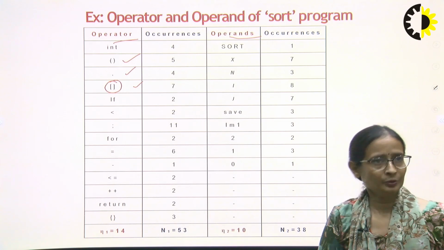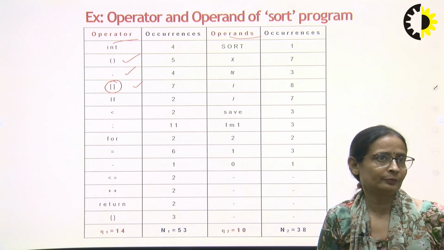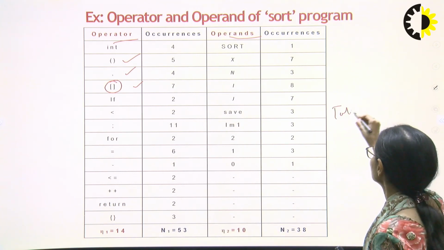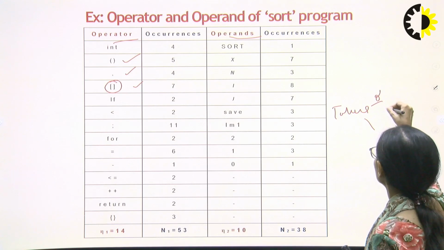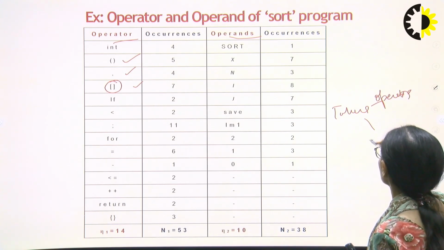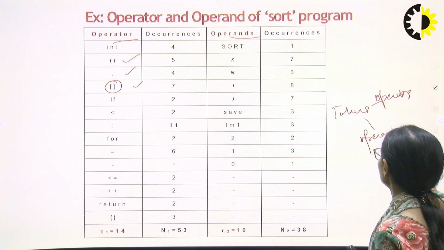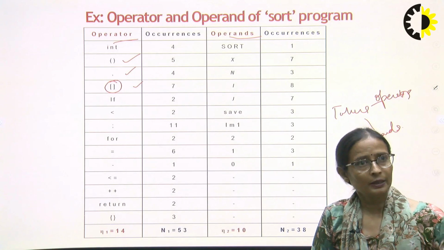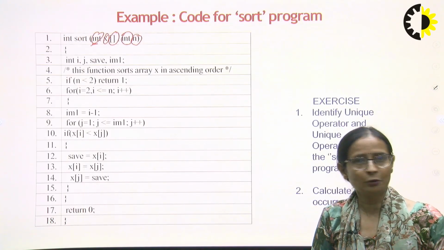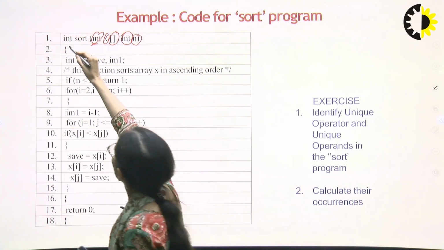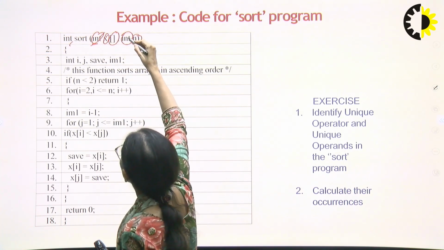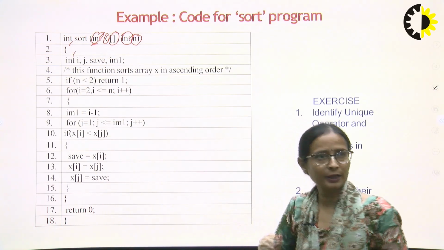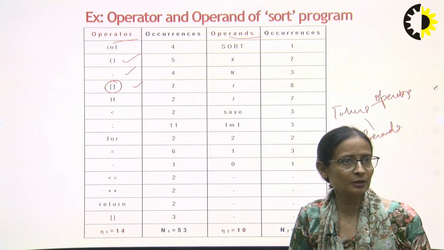When we are counting the unique ones, we first need to identify the tokens, operators and operands separately. Int: how many times has int come? Four times. Let's count: 1, 2, 3, and here 4. That is your data type, and data types come under operators.